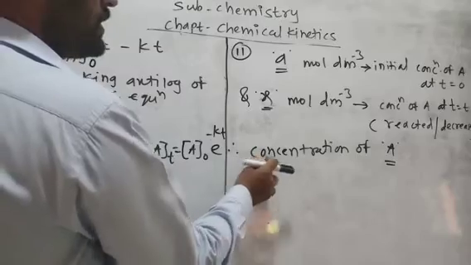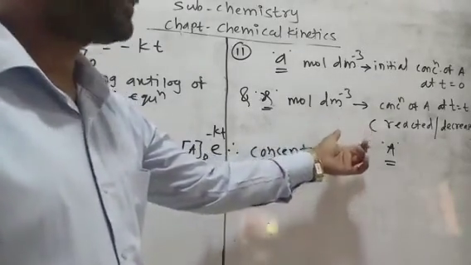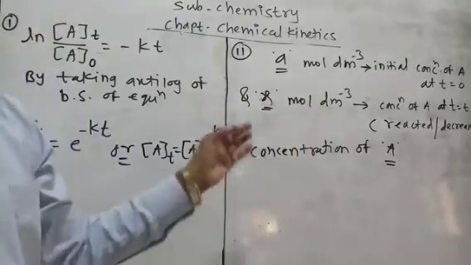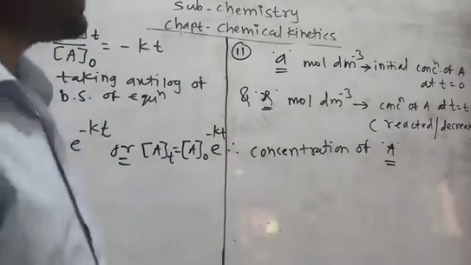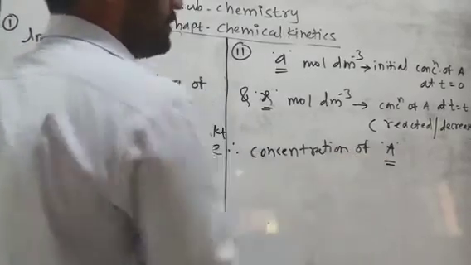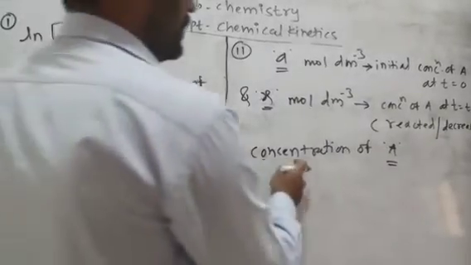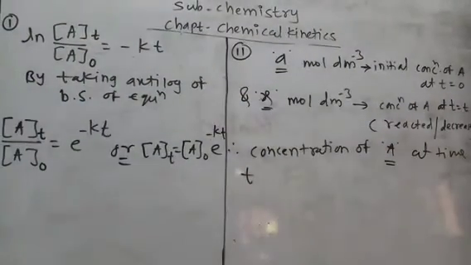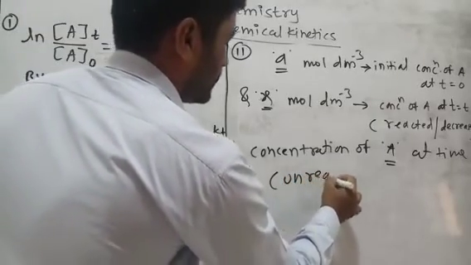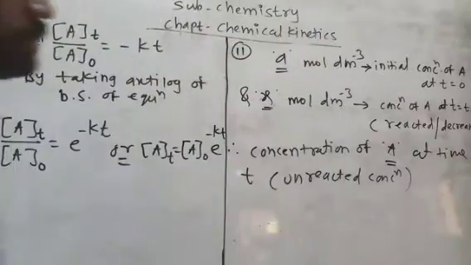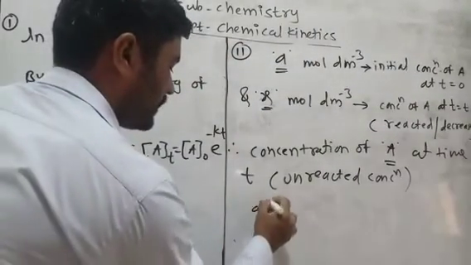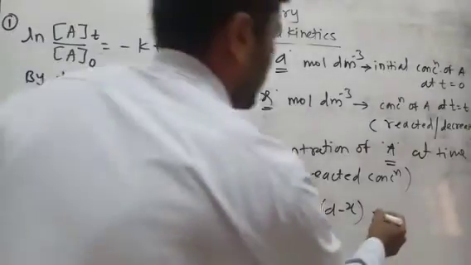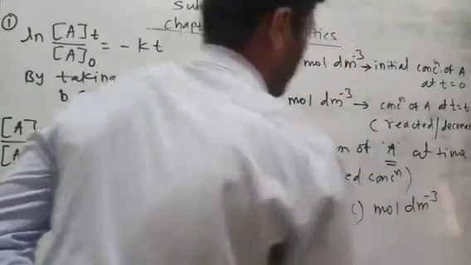Then for the remaining concentration of A, that is the unreacted concentration, if the reacted or decreased concentration of A at time t is x mole per dm cube, we have to find out the unreacted concentration of A. Therefore the unreacted concentration of A at time t becomes a minus x mole per dm cube.